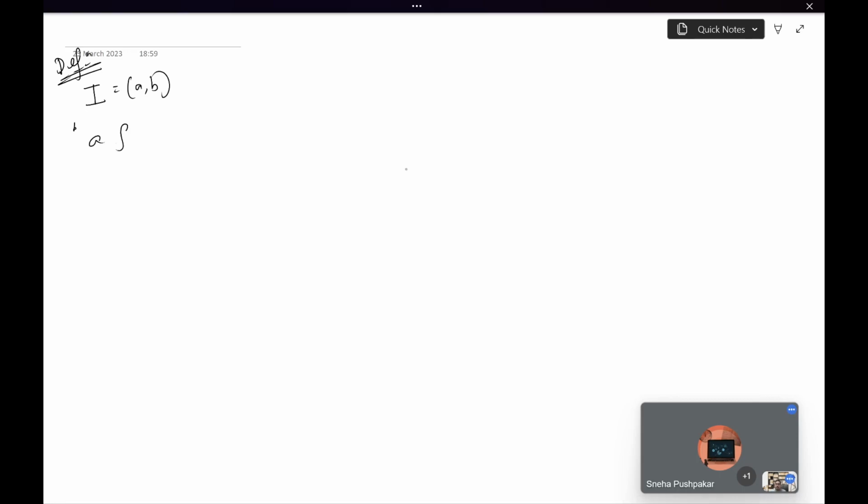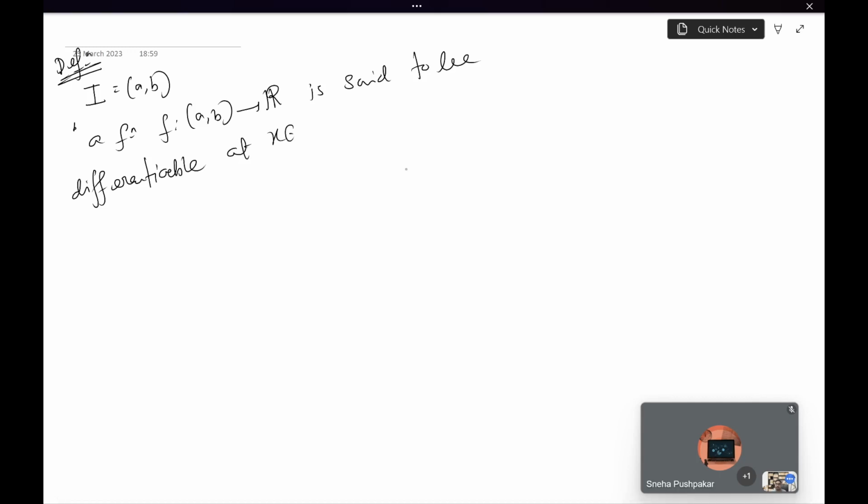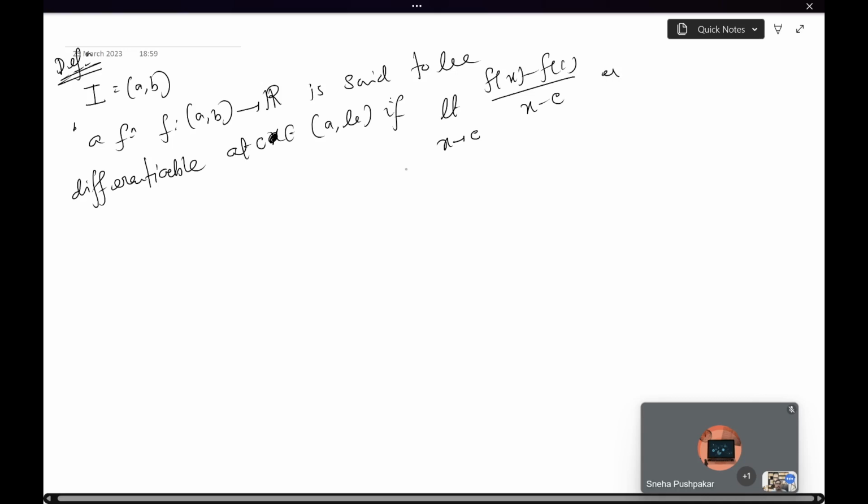A function f from (a, b) to R is said to be differentiable at x belonging to (a, b) if, let us put it as c, the limit as x goes to c of (f(x) minus f(c)) by (x minus c) exists.